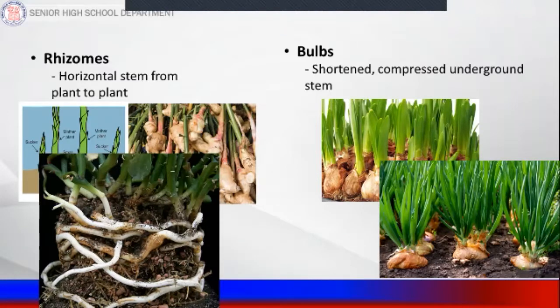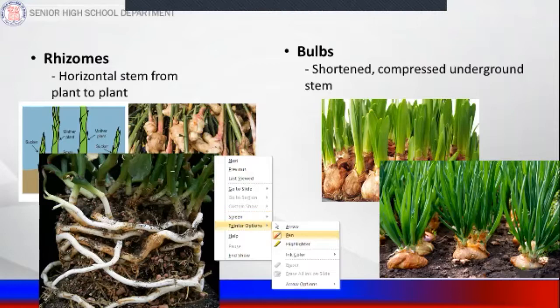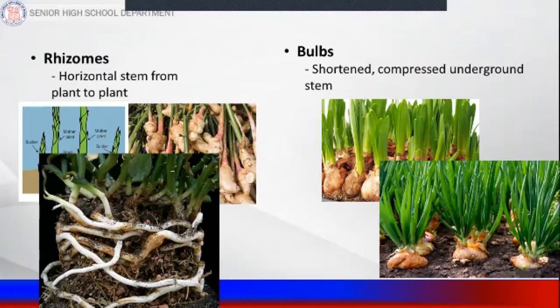Highlight. Just like this one, this is actually the product, right, the rhizome or the ginger. It produces its stem, and then the stem continuously produces another plant part. So it enables the plant to produce another stem.